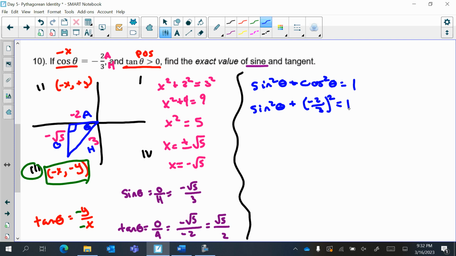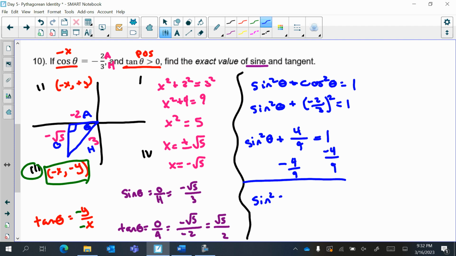So you would square it equals 1. -2 squared is 4. 3 squared is 9. You're going to subtract 4 over 9 from both sides. You have sine squared theta equals, on the side, 1 minus 4 ninths is the same as 9 over 9 minus 4 ninths, which is just 5 ninths.